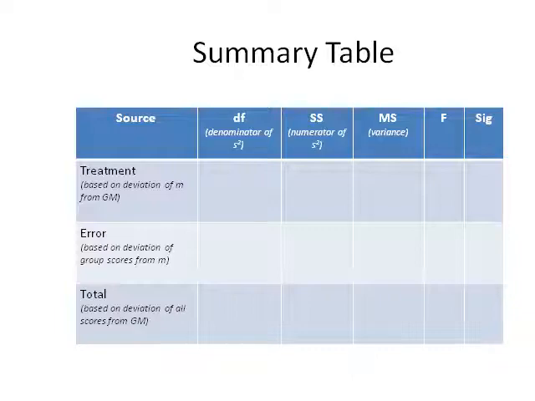Third, we have the mean squares, or the mean of the sums of the squares, which is just another name for the sums of squares divided by degrees of freedom, or the variance for treatment and error. Note that the total variance is not reported in a summary table. Finally, we have the F statistic and a column called significance, which reports the probability associated with the test statistic.